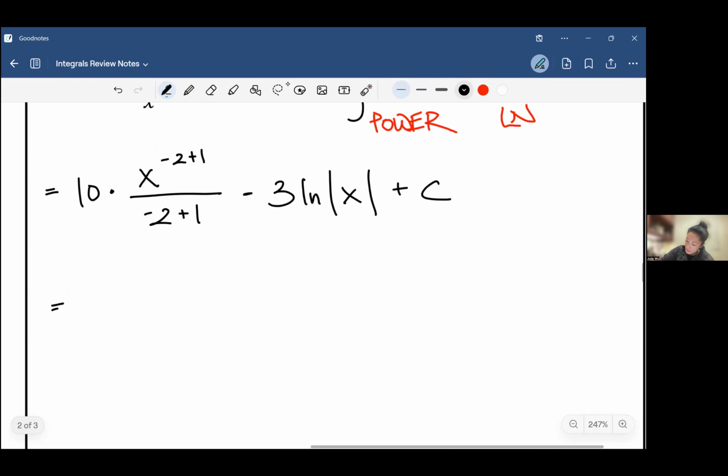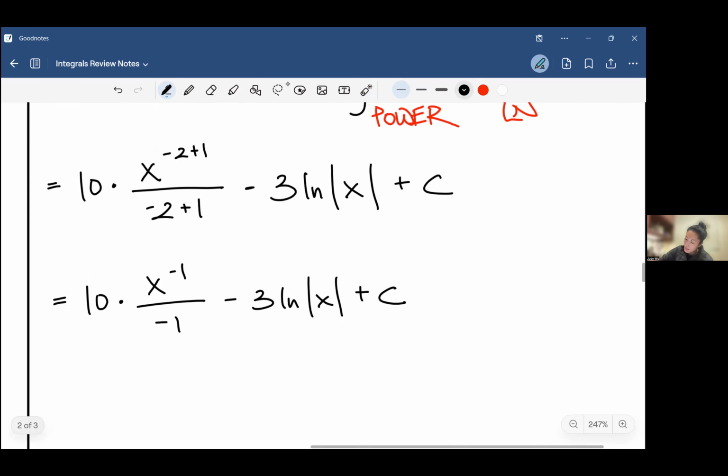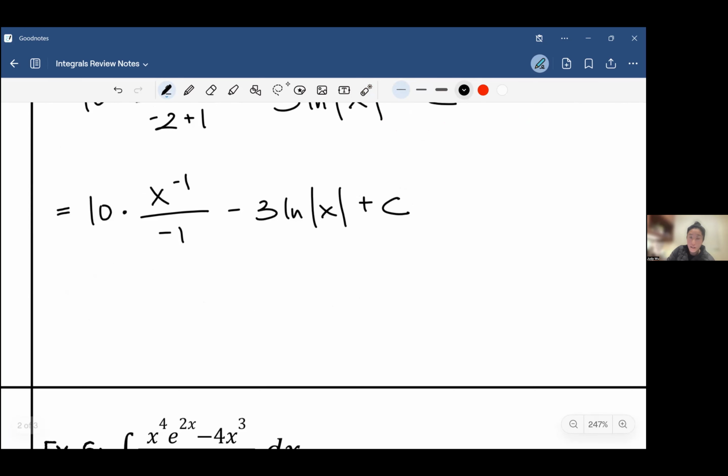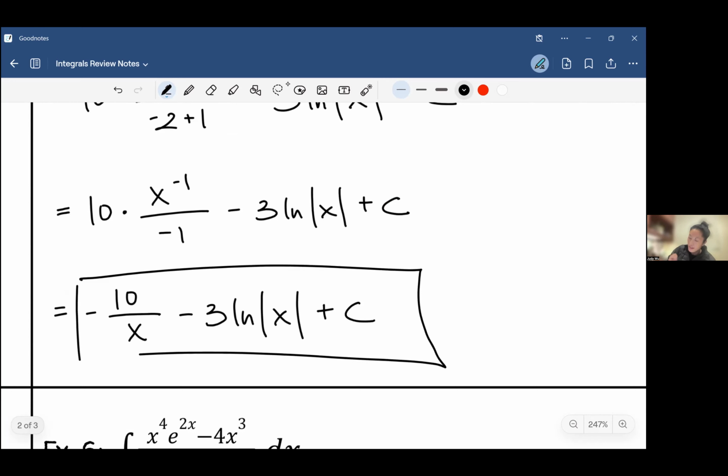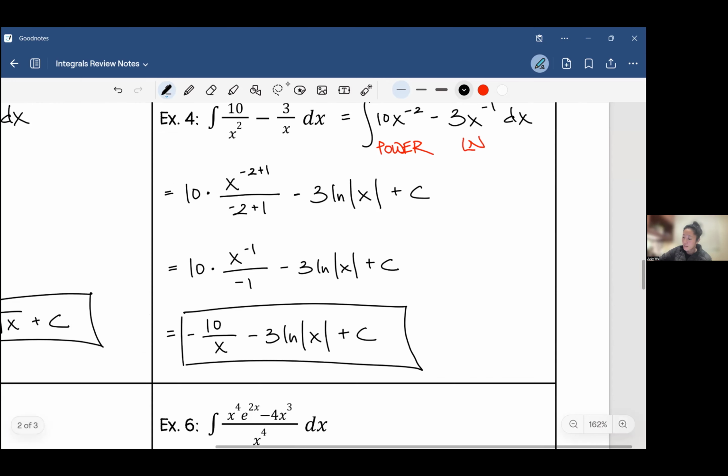Let's simplify this a little bit. We're going to get 10 times x to the negative 1 over negative 1 minus 3 natural log of absolute value of x plus c. And then we'll go ahead and clean up all of our constants and we'll get negative 10 over x minus 3 natural log of the absolute value of x plus c. And we've got that right there.